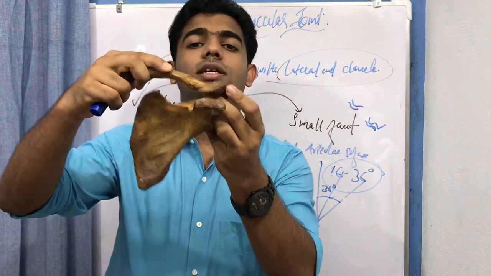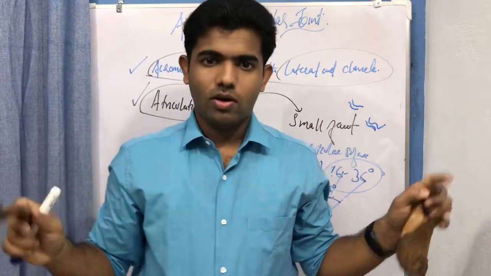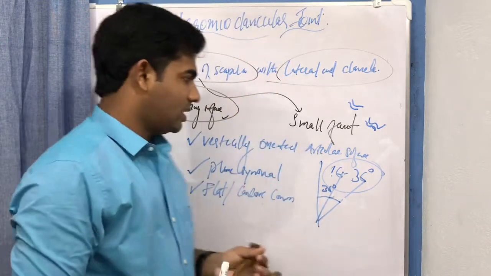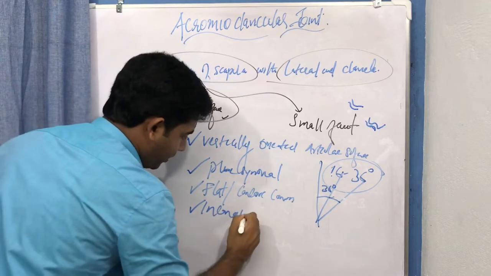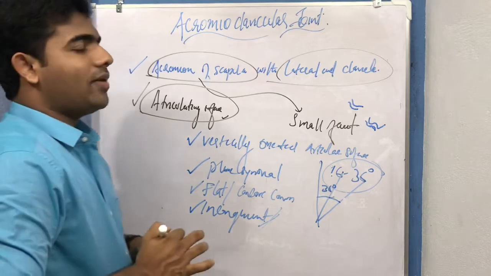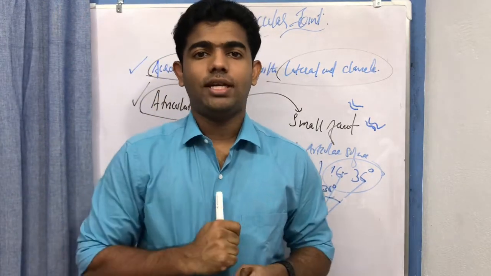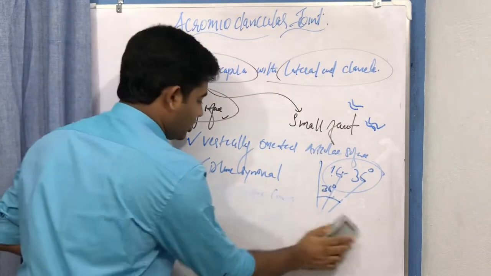In some other bone, it might be flat, or it might be reciprocally concave-convex. And this makes the joint an incongruent one. So the acromioclavicular joint, like the sternoclavicular joint, is an incongruent joint. So those are the details about the articular surfaces of the acromioclavicular joint.